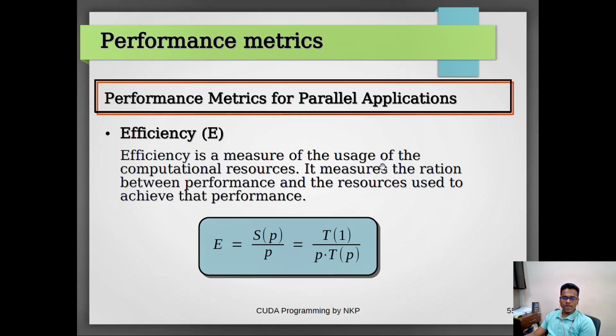We also need to put emphasis on how efficiently our computing resources are being utilized. It is defined as speedup over the total number of processors, or computing resources. We know the definition of speedup, sequential time over parallel time, divided by the number of processors or computing resources.